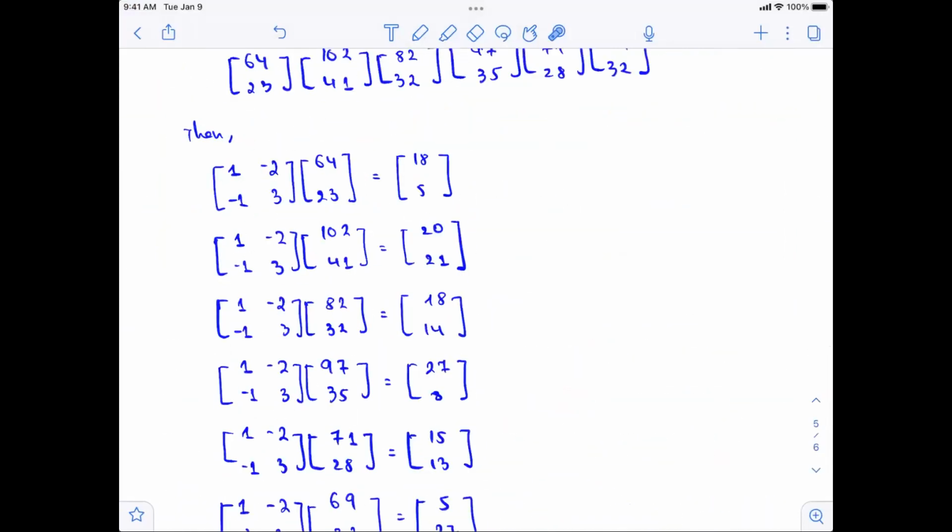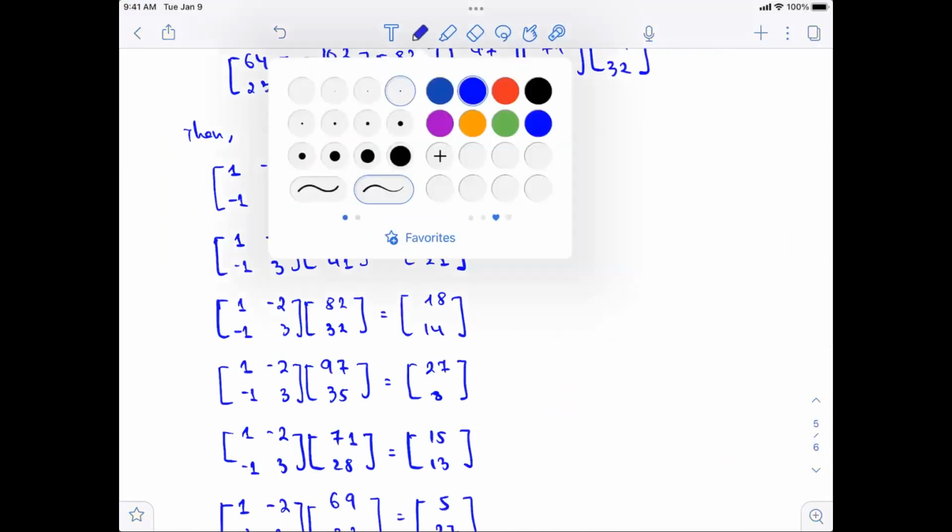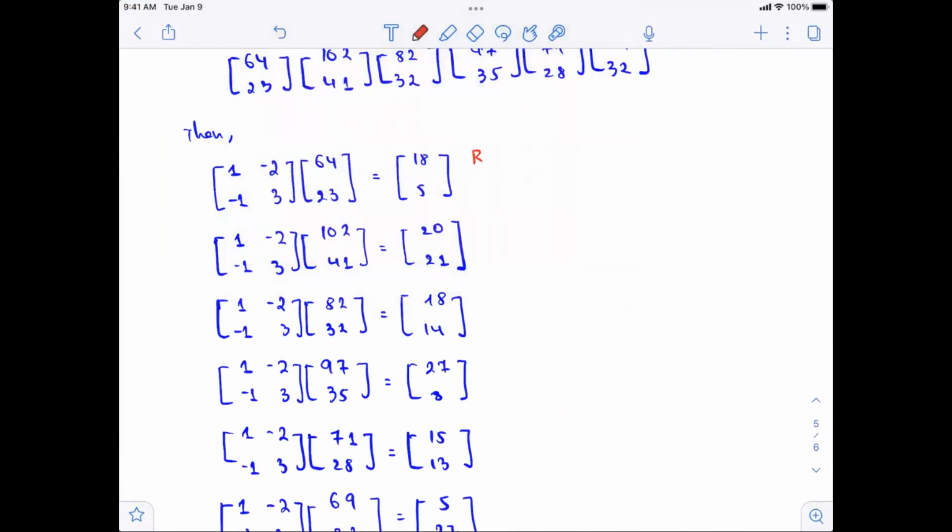So 18 corresponds to letter R, 5 is letter E, 20 is letter T, 21 is U, 18 is R, 14 is N, 27 now is the spacing, right? In the alphabetical table, we already mentioned at the beginning that for the spacing, you use either 0 or 27. In this case, I use 27.